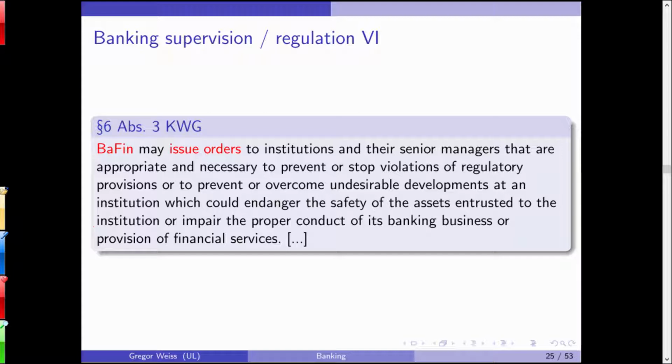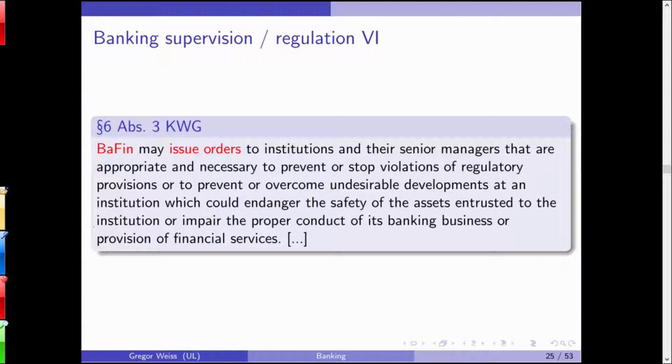And this is the central provision of the German Banking Act that stipulates that BaFin is responsible for safeguarding financial stability in Germany, and it can issue executive orders that are necessary and appropriate.